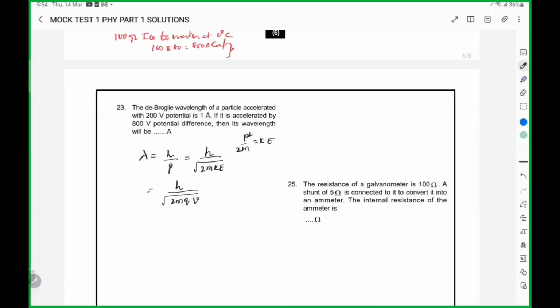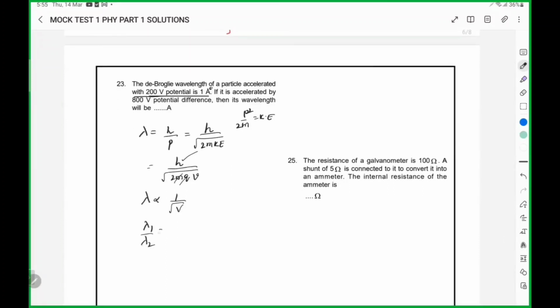Now here he has given that if it is accelerated with this potential, then the wavelength is 1 angstrom. So here h is constant, m is constant, and the charge of the particle is also constant. Lambda is simply dependent upon the applied potential.